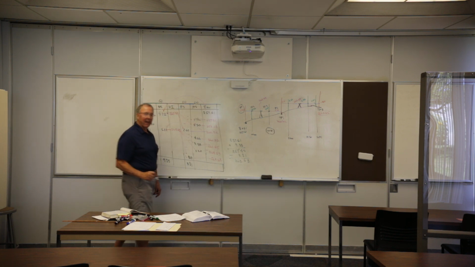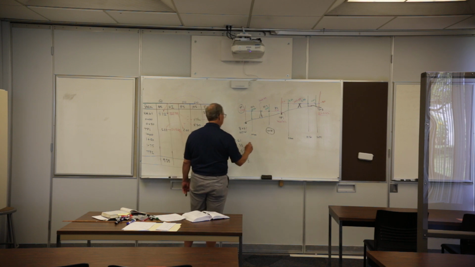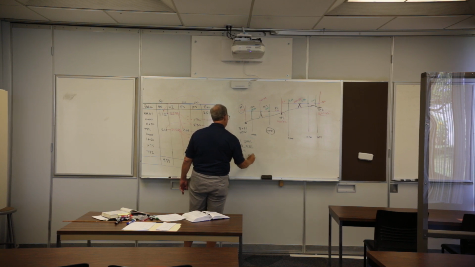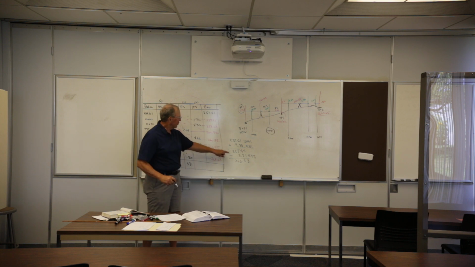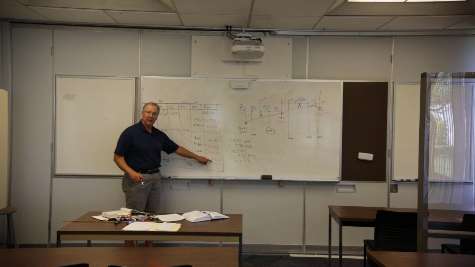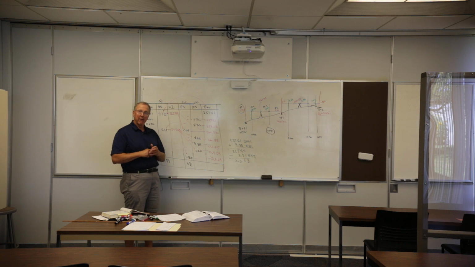So here's the beginning elevation. Here's the sum of the back sights. Here's the sum of the foresights. If I add the back sights, subtract the foresights, I should get the ending elevation. And look at what I got for the ending elevation. That means my math was done right and everything seems to mesh.